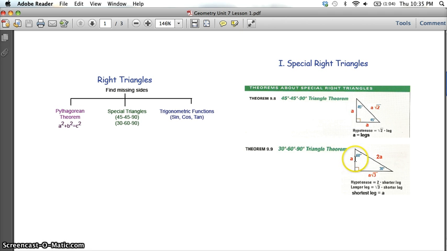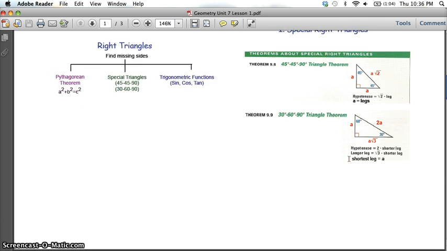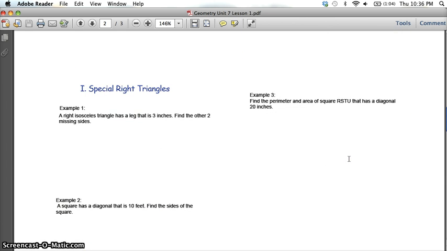The next smallest angle is 60 degrees, so the side opposite of 60 degrees is going to be a square root of 3. The biggest side is your hypotenuse, which is opposite of your 90-degree angle, and that's going to be 2 times a. So you're basically going to multiply the leg that is opposite of your 30 degrees by 2. Okay? So let's go down to actual examples.